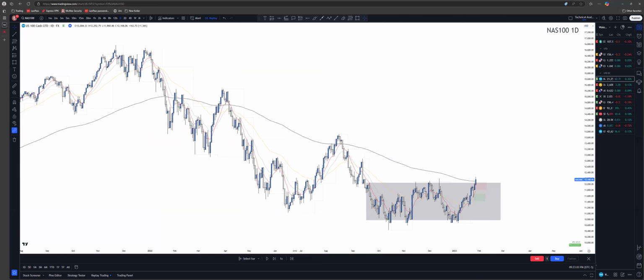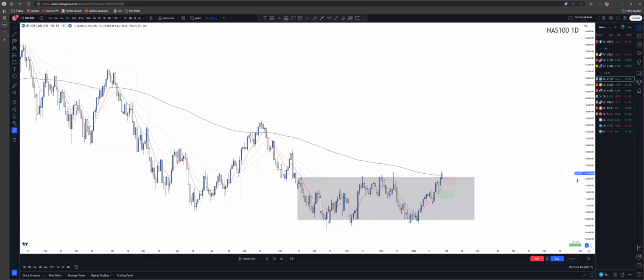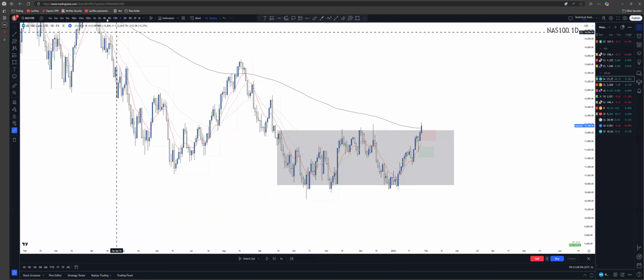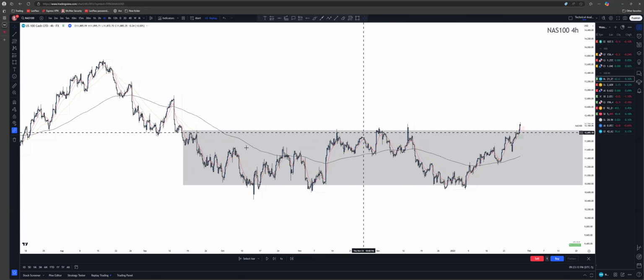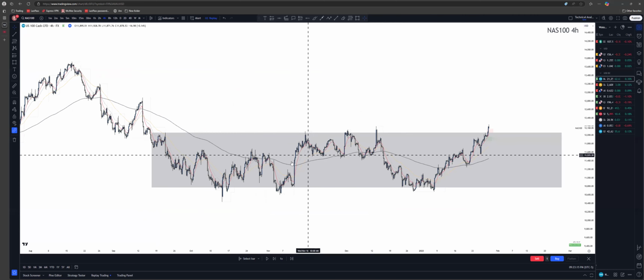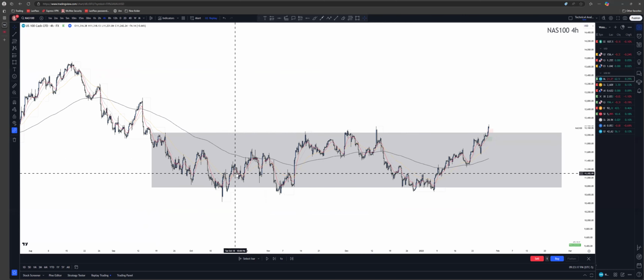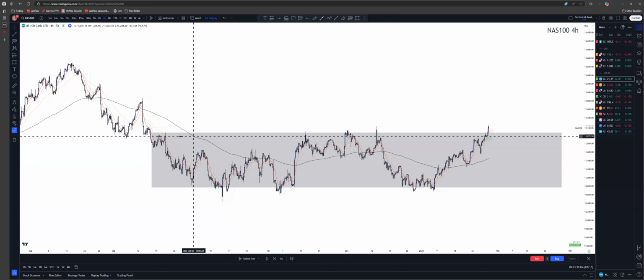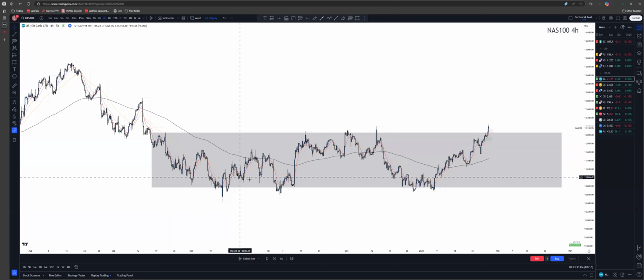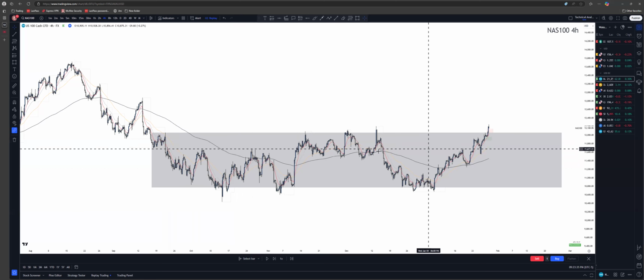So we can look for the validation time frame to show the same thing, being that we have broken out of this range and have gone back and forth, which is basically transferring money from the weak hands to the strong hands. So basically, money is coming from one side of the market and entering another side of the market.